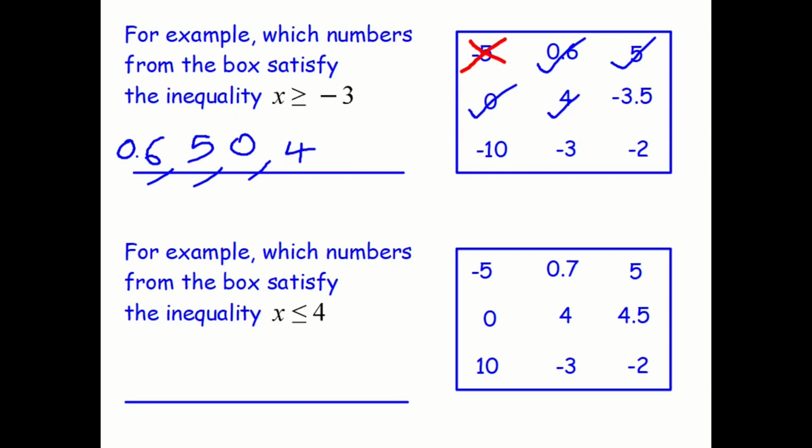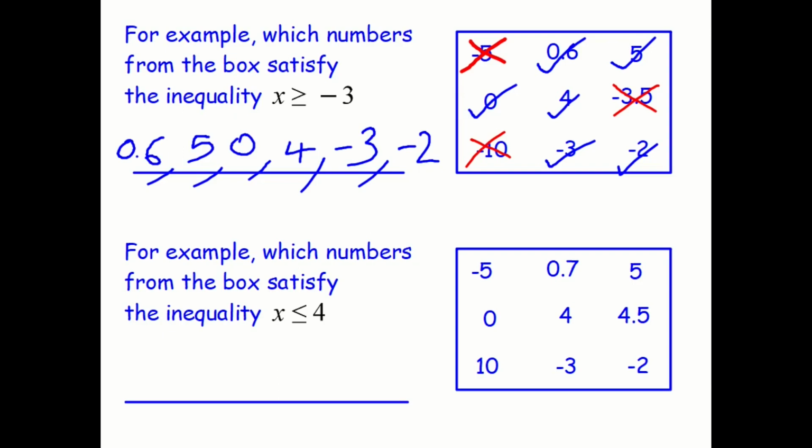Minus 3.5 is less than minus 3. Minus 10 is less than minus 3. Minus 3 itself is greater than or equal to, because it's equal to it. And minus 2 also satisfies the criteria that x is greater than or equal to minus 3.